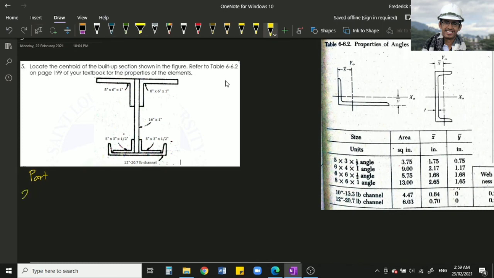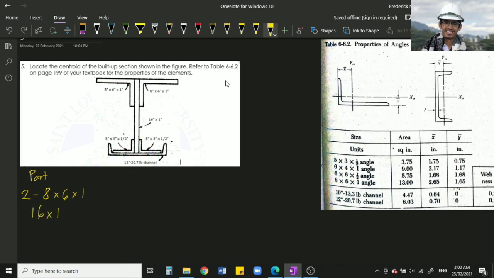So, that will be 2 of 8 by 6 by 1. There are two, no? So that we can easily get the area and our bar X and our bar Y, okay? Next is 16 by 1. So, we have one 16 by 1.